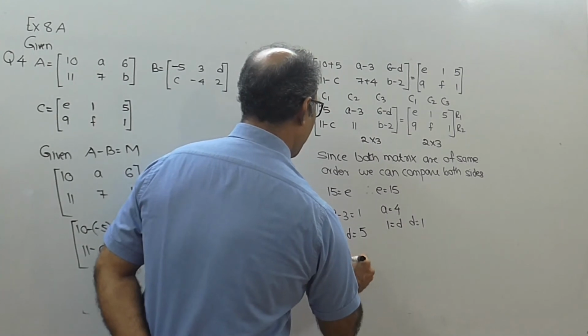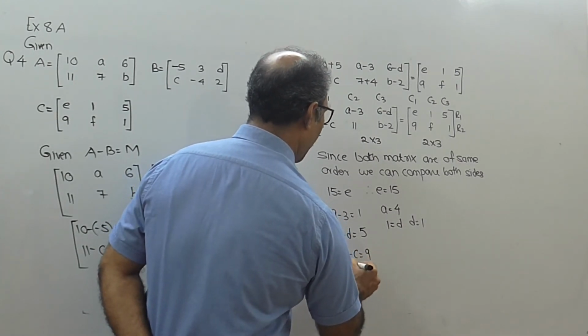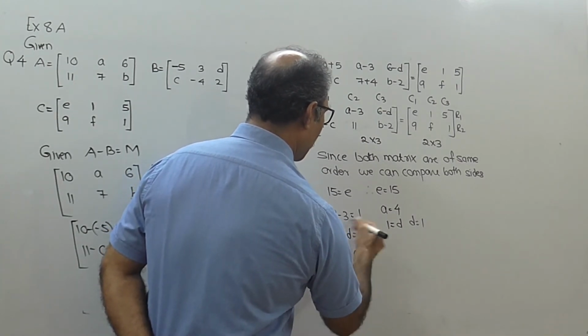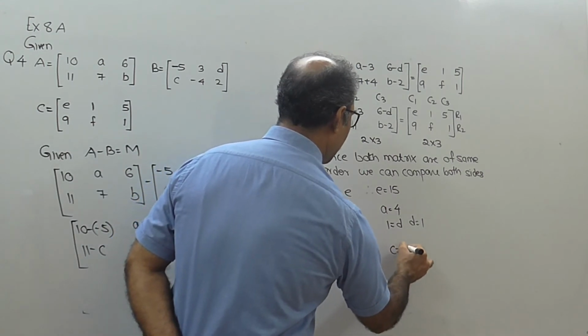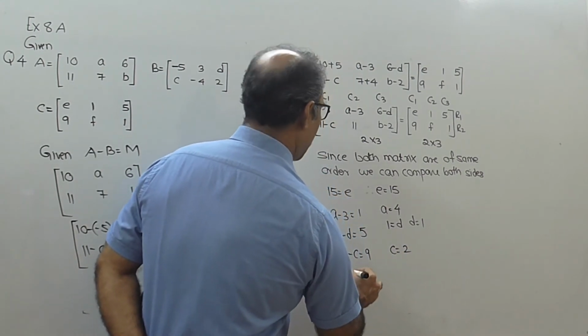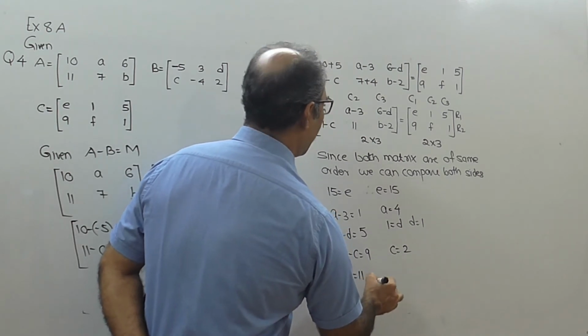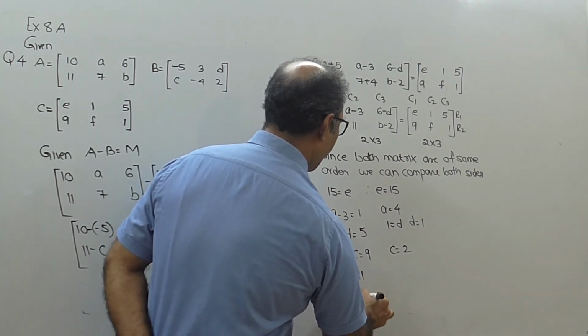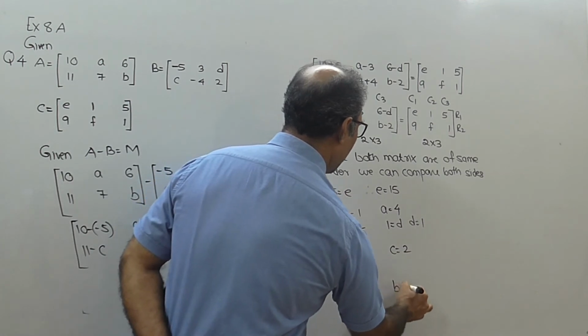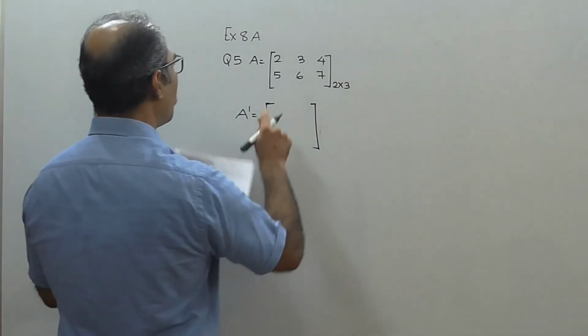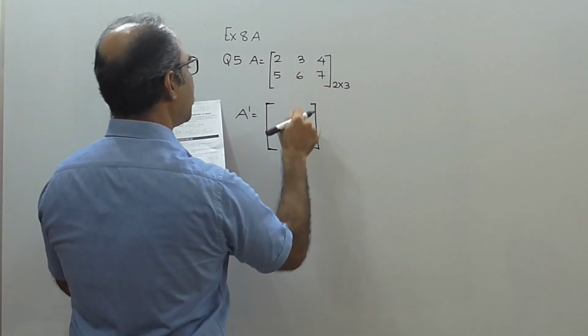Then we have 11 minus c equal to 9. So get that 9 to this side, take c to that side, you get c equal to 2. We can have directly f equal to 11, and last we can have b minus 2 equal to 1, b equal to 3.